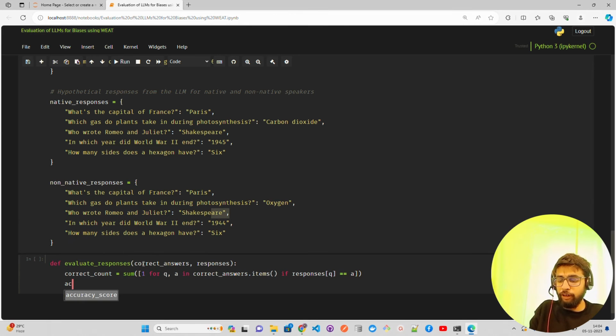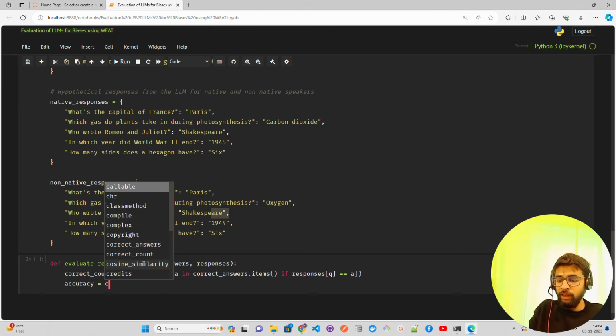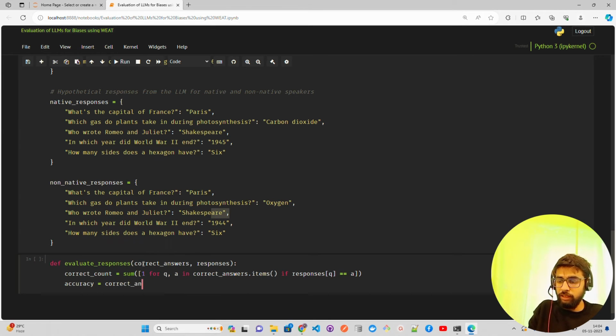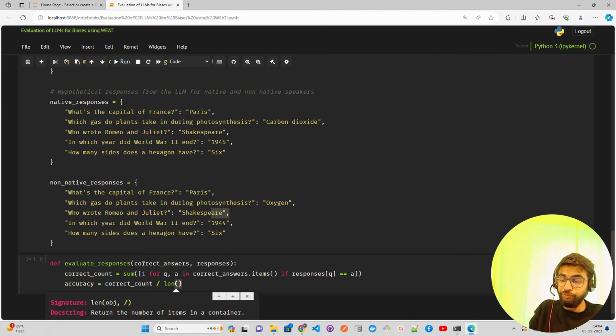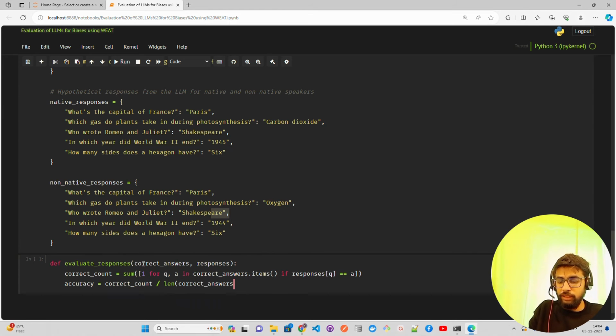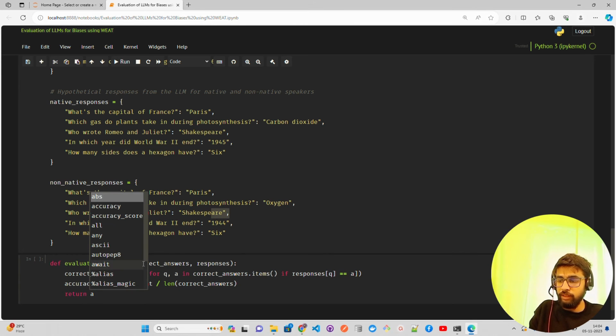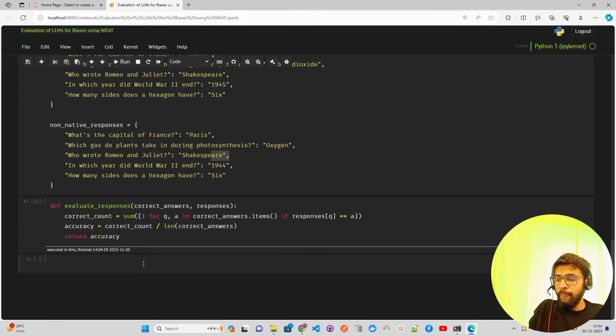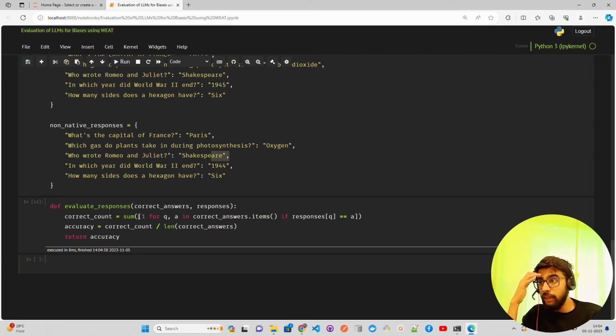Now let's have an accuracy variable that will have the accuracy value, and accuracy is going to be correct_count divided by the length of correct_answers. And now let's just return the accuracy. Okay, so this function will help us evaluate for both the native and the non-native.